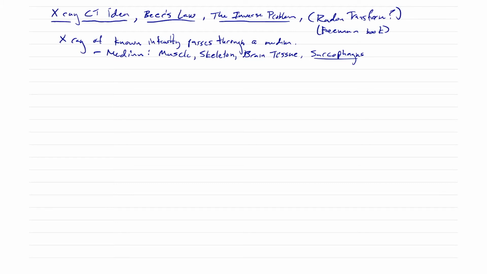But CT and radiation isn't really going to hurt anything that's already dead. So you can do really intense CT scans, irradiate the heck out of it, but still see inside without really destroying the contents. And so CT is used a lot in that sort of case, and you can get rather good pictures out of that. With a human subject, you only want to expose them to a certain number of X-rays.